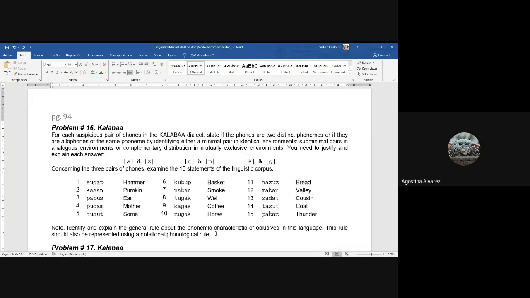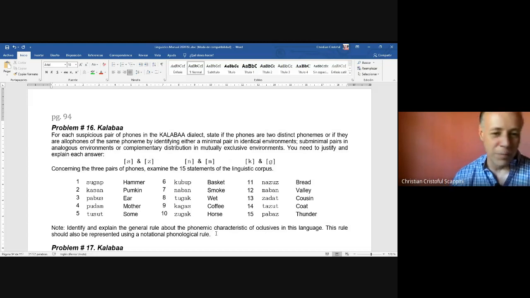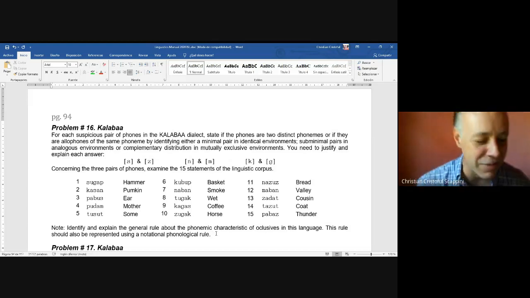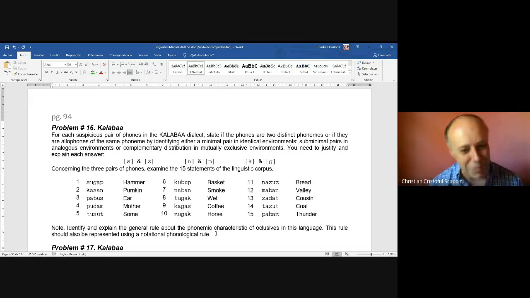Where can I find this manual? Oh, okay. You cannot. I thought that everybody had it. For some reason, I decided to make it in different parts instead of having just one manual. Everything was crazy last year. Okay. Number 16, Calava.